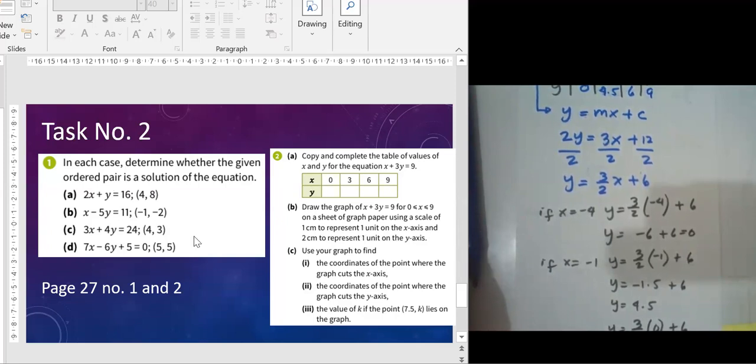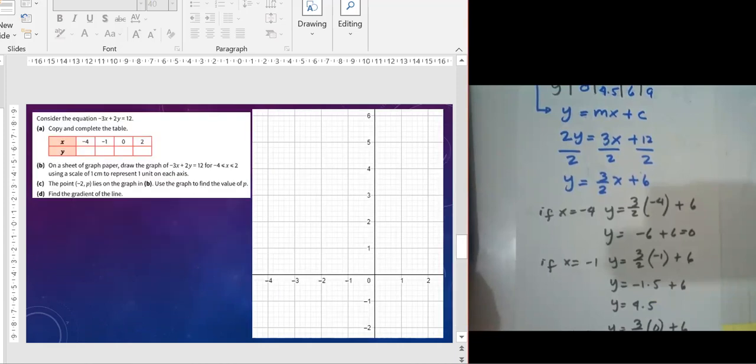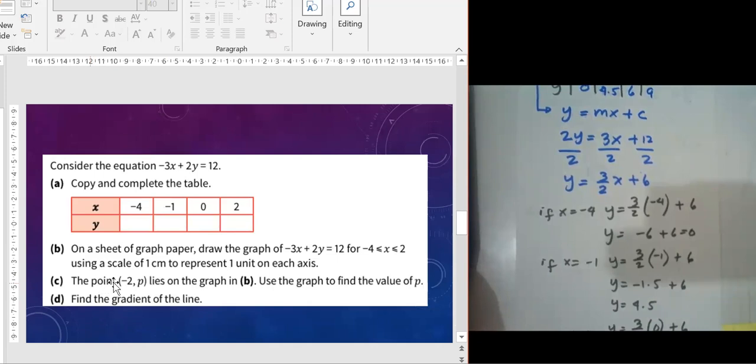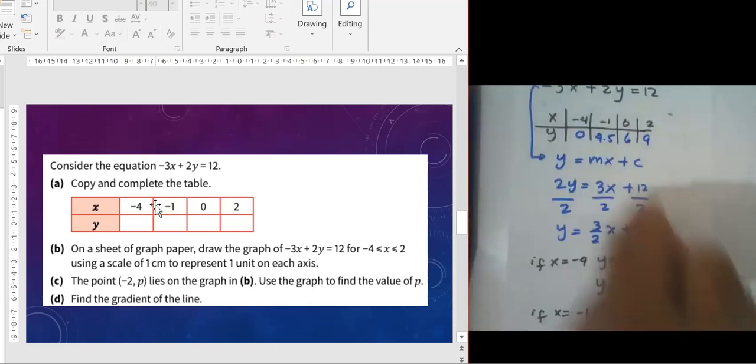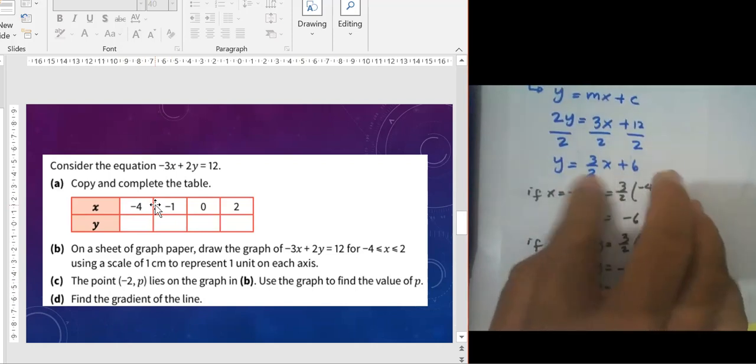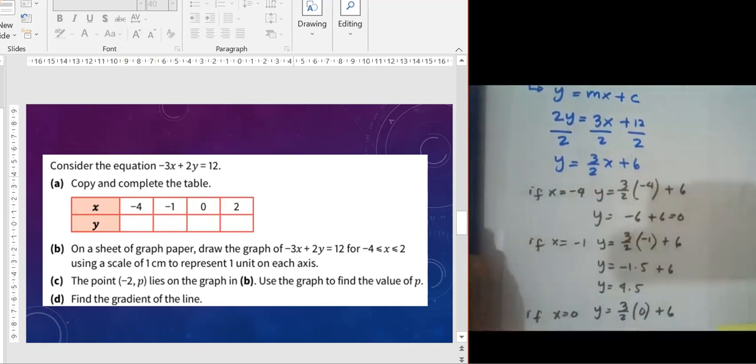Oh, by the way, I forgot to answer, there's still one more question. Yeah, this one: the point (-2, p) lies on the graph. Use the graph to find the value of p. You have an option, no? Just plug in x equals -2 into the function that we did a while ago. But it says here, use your graph.